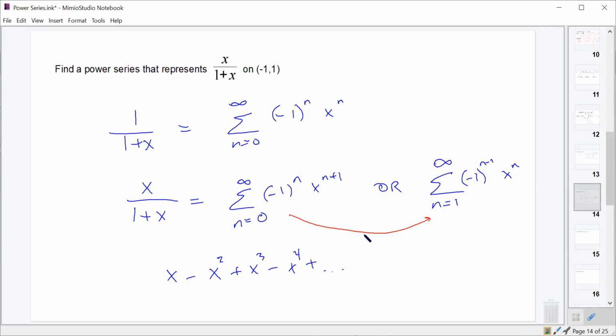So if our index goes up 1, then all the powers go down 1. Which could be helpful sometimes if we started with an index of 2, we might want to shift it down to n equals 1, which would mean we would shift all the powers up by 1.